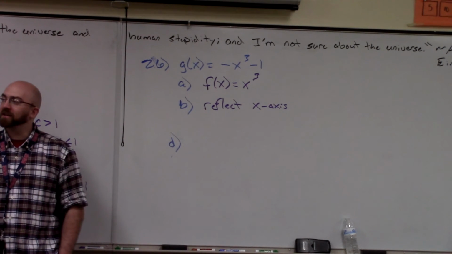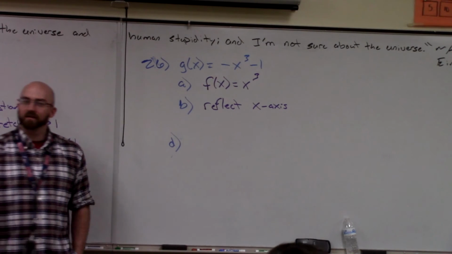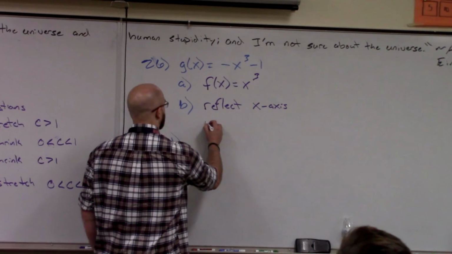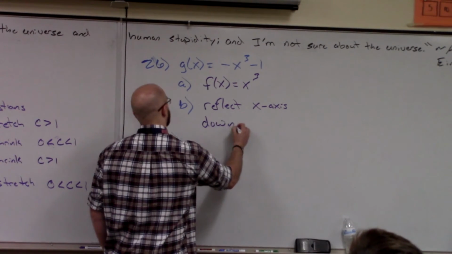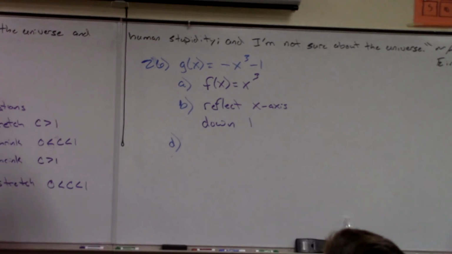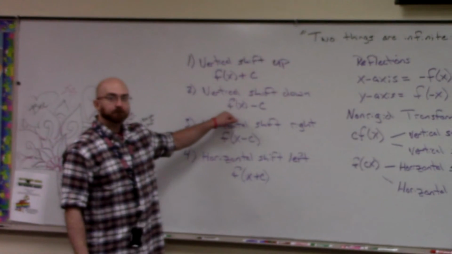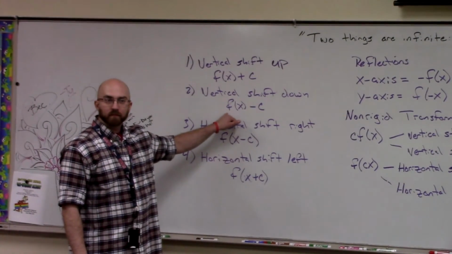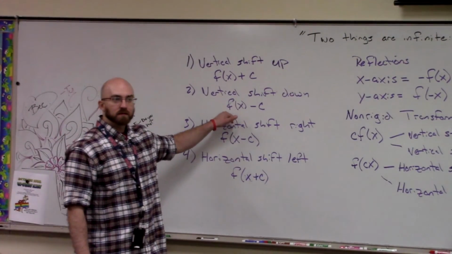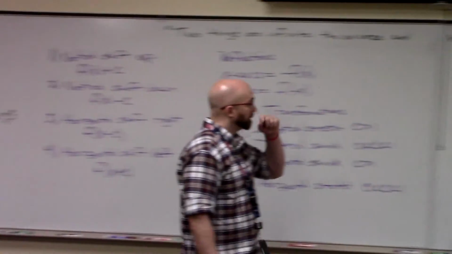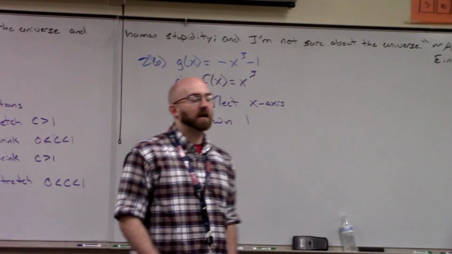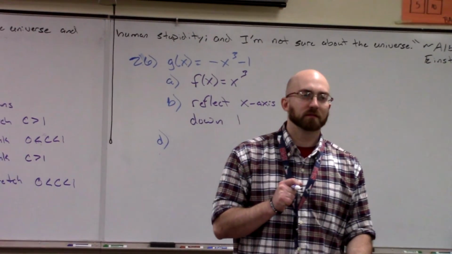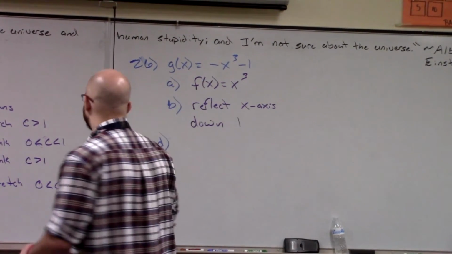Why would it not be inside the parentheses, right? So it's vertical shift down, because it's not inside the parentheses. Make sense? Okay, part D. How would I write that? G of F or C.